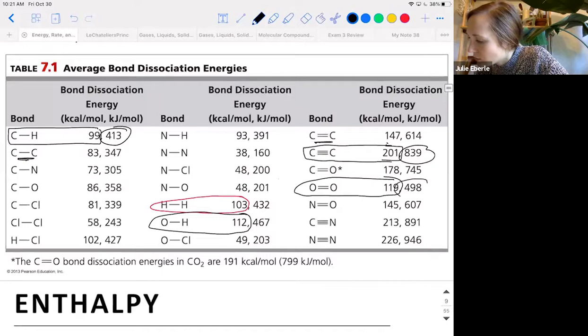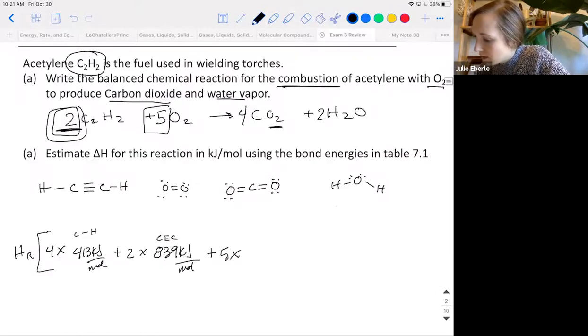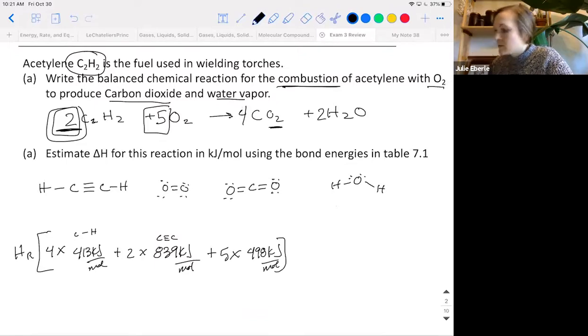Oxygen double bond in kilojoules is the 498. So times 498. All right, that's everything for the reactant side, okay? So this will trip people up for many reasons if they're not careful.